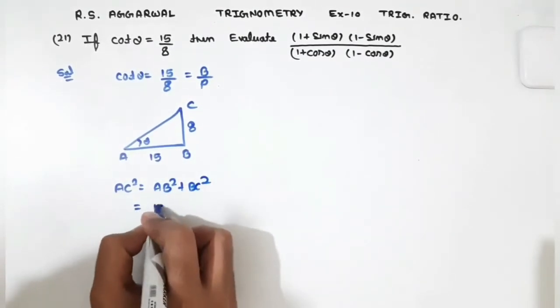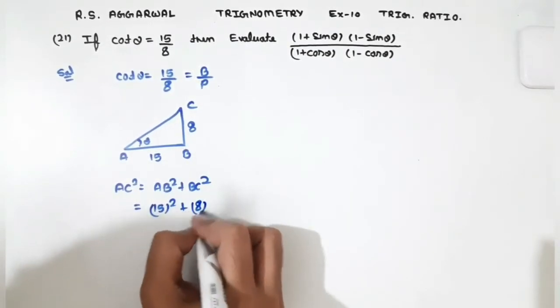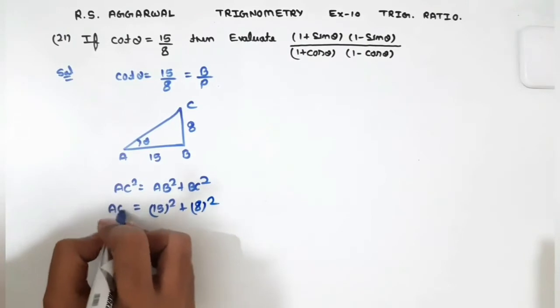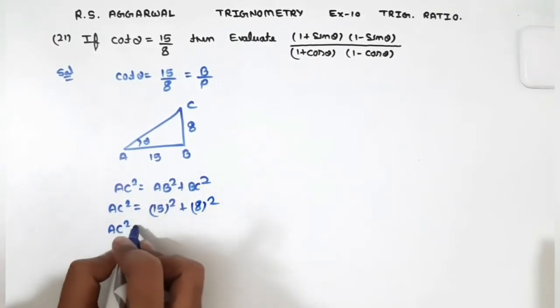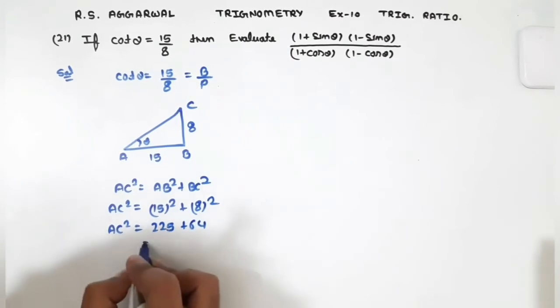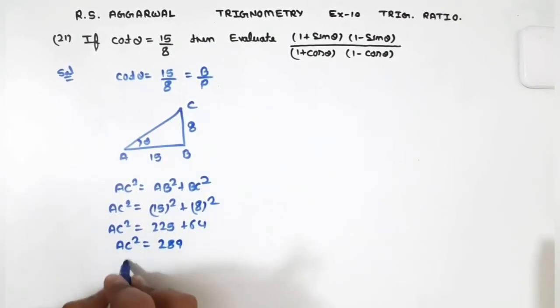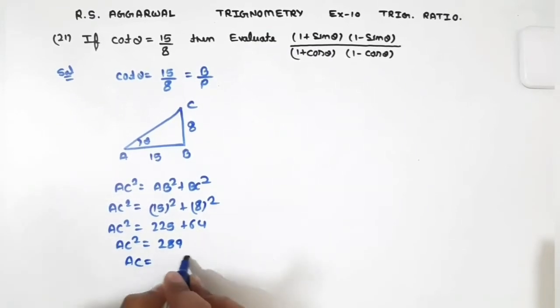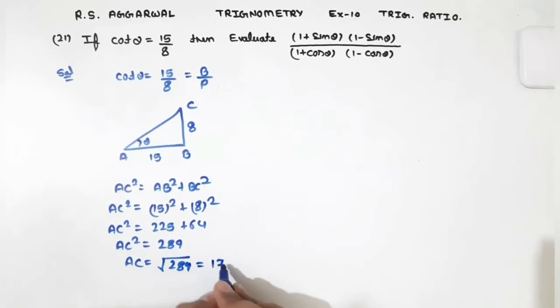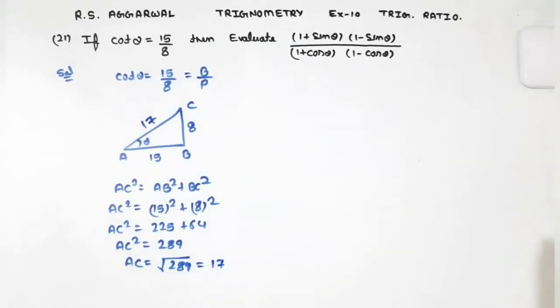Our AB is 15, so 15 square, BC is 8 square. So AC square will be 225 plus 64, that will be 289. So AC will be under root 289, which equals 17. So our hypotenuse will be 17.